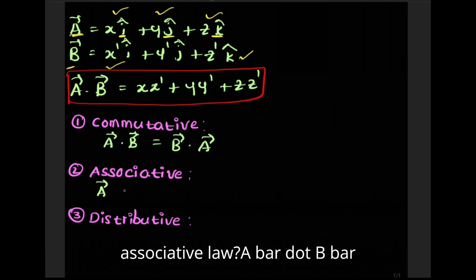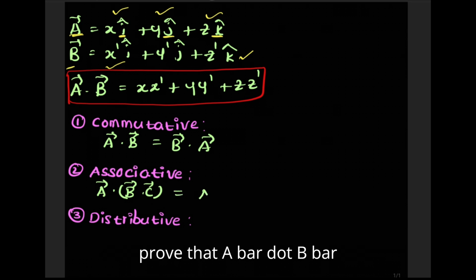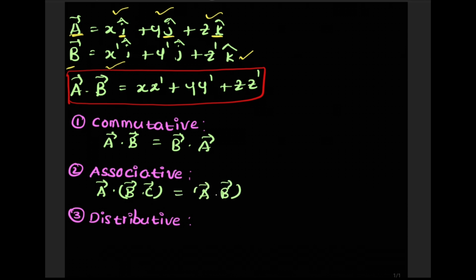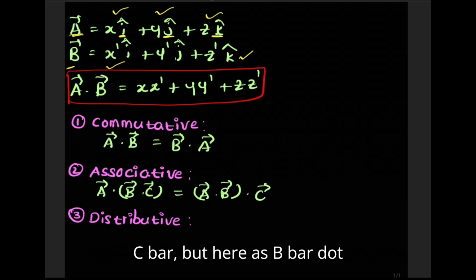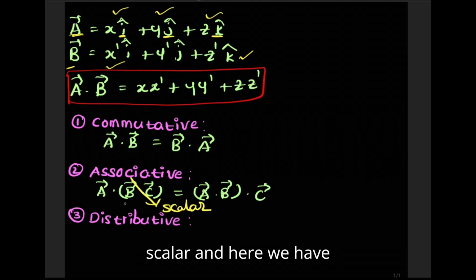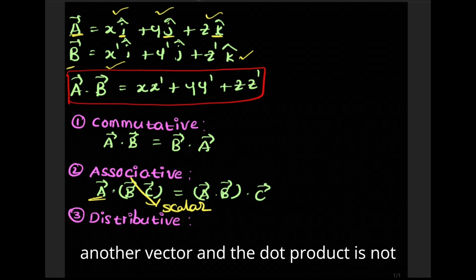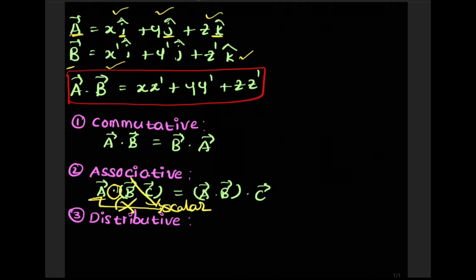What does it mean by associative law? A bar dot B bar dot C bar, and we should be able to prove that (A bar dot B bar) dot C bar is equal to A bar dot (B bar dot C bar). But here, as B bar dot C bar itself will lead to a scalar, and here we have another vector, and the dot product is not possible between a vector and a scalar.